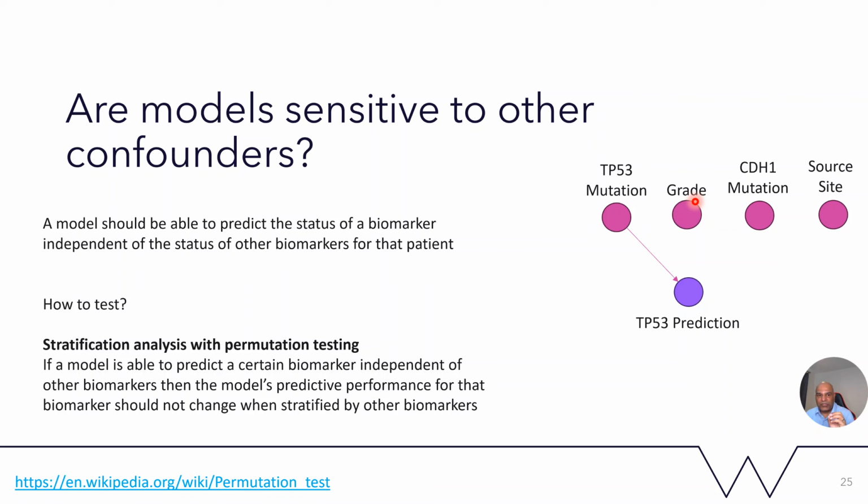We answered this question using something called stratification analysis and permutation testing, and I welcome you to read it, but the principle is that if the prediction of TP53 mutations by that model is independent of, let's say, grade, then if I stratify the patients in the test set with respect to their grades, the performance of the model across different grades should be roughly the same in comparison to the performance across the whole cohort.